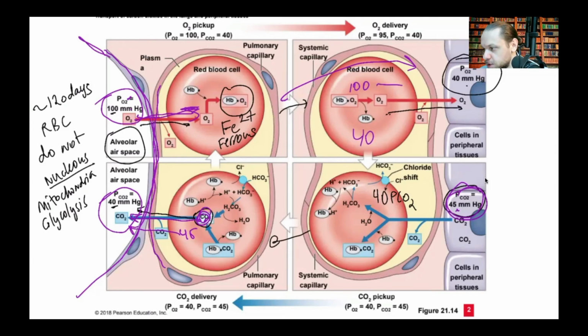Oxygen wants to go into the tissues because tissue oxygen is low, because tissues use oxygen for their metabolic needs to do oxidative phosphorylation to make ATP. And oxygen gets loaded. Here the CO2 was 40, and it goes from high to low pressure to here. So then this molecule becomes 40 in oxygen and 45 in CO2 when it gets back to the lungs. Does that answer your question?